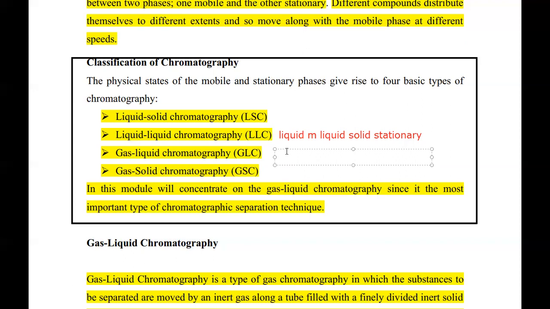And then we're going to have the inert gas carrying the samples. Again, the type of sample that you want to determine will also give you the prediction of what type of chromatography you're supposed to use. And then we also have gas solid chromatography. So these are the 4 types of chromatography that we have.